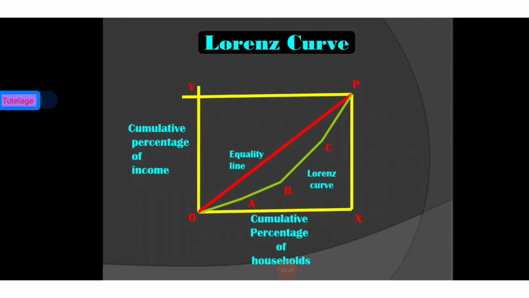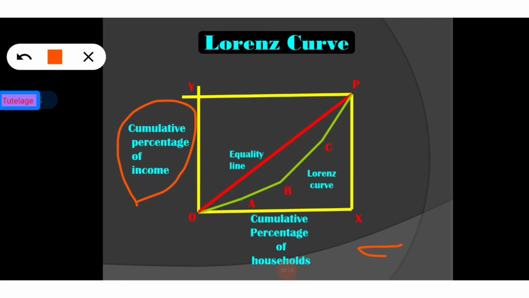We can see the graphical representation of the Lorenz curve. The x-axis OX represents the cumulative percentage of households, and the y-axis represents the cumulative percentage of income. Clear?